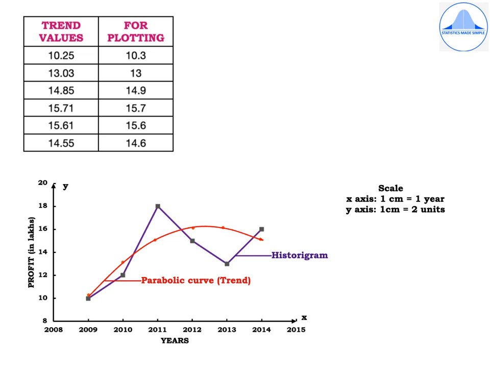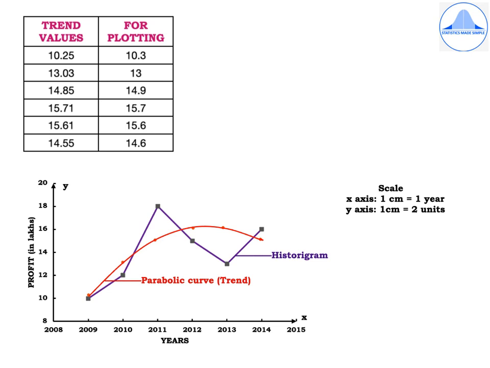Now we are discussing the parabolic curve. All these points which I have highlighted in red color are joined by a smooth curve, and mark it as parabolic curve. Within brackets you can write trend in red color.